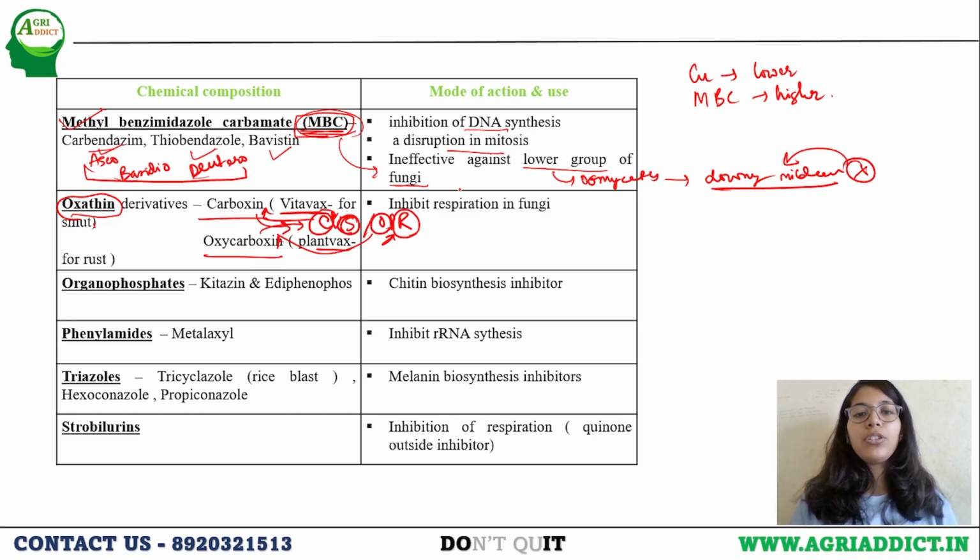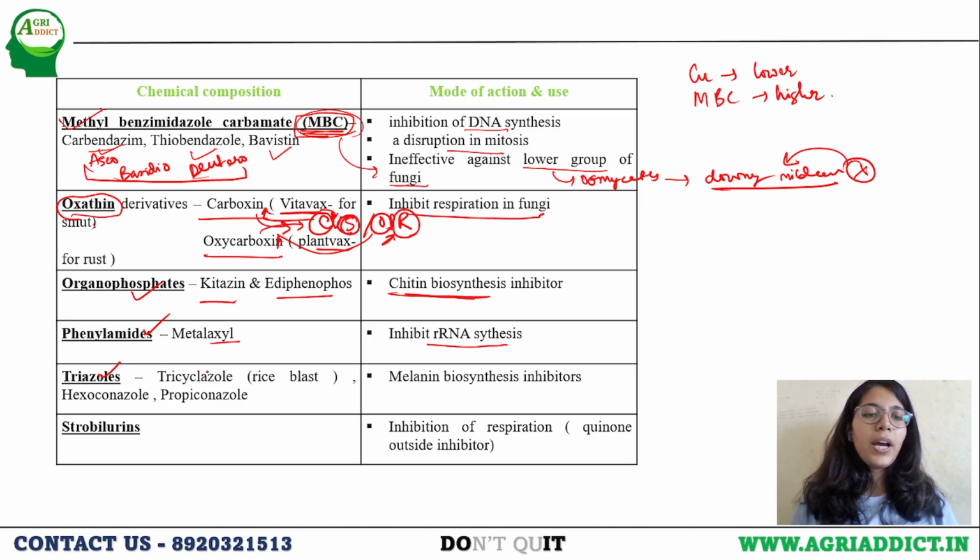What is the mode of action? It inhibits the respiration in fungi. The organophosphates group includes kitazin and edifenphos. It generally inhibits the chitin biosynthesis pathway. The phenylamides include metalaxyl, and it inhibits the ribosomal RNA synthesis.